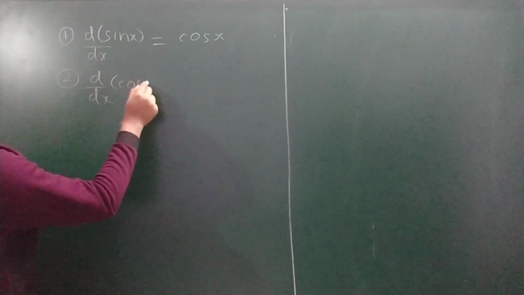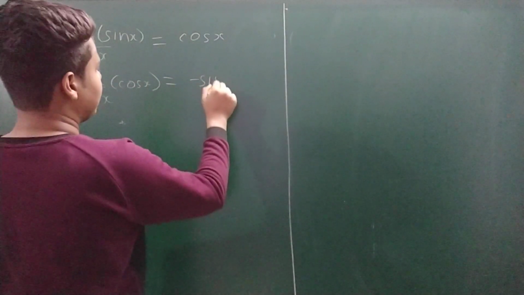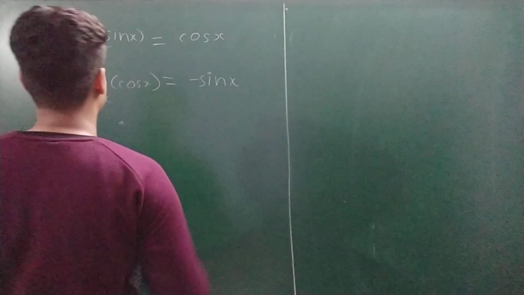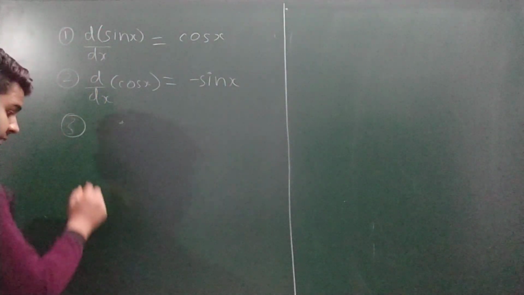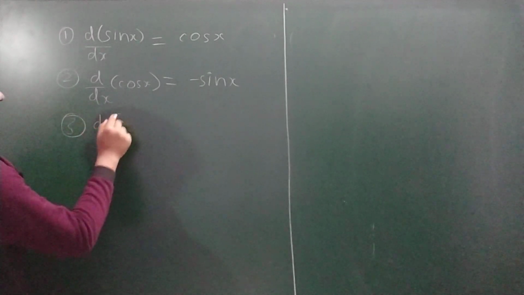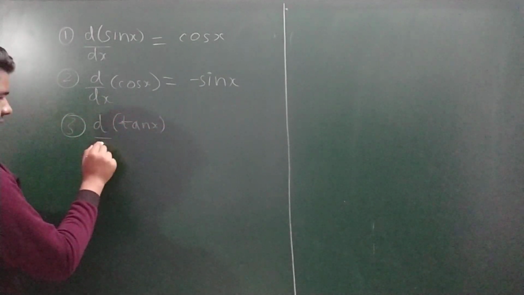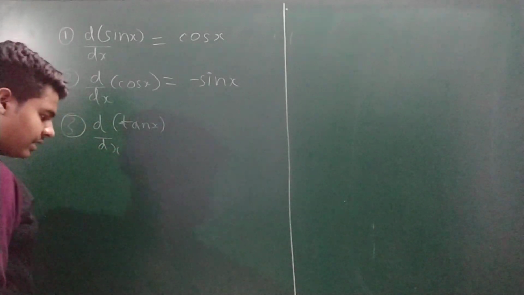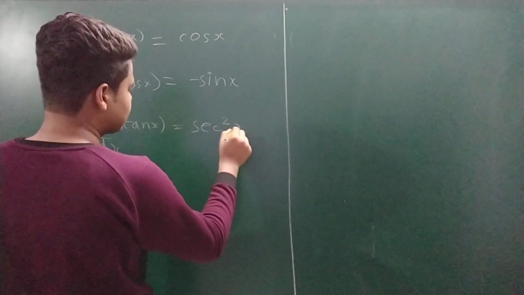For this, the answer is minus sin x. Then the third one, differentiation of tan x with respect to x, is sec square x.